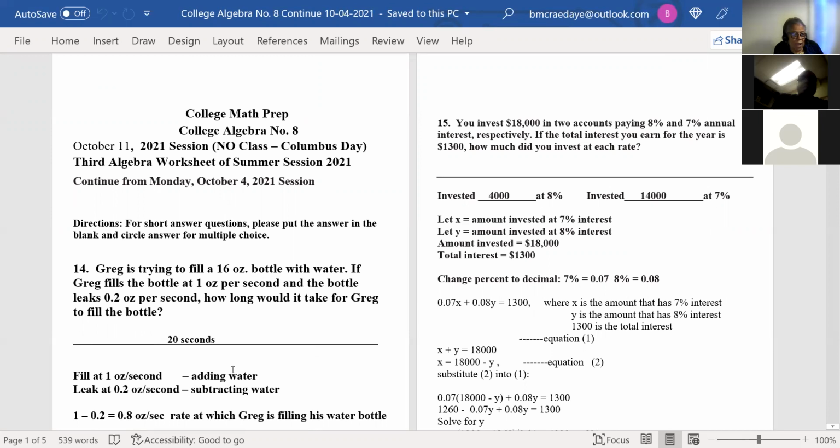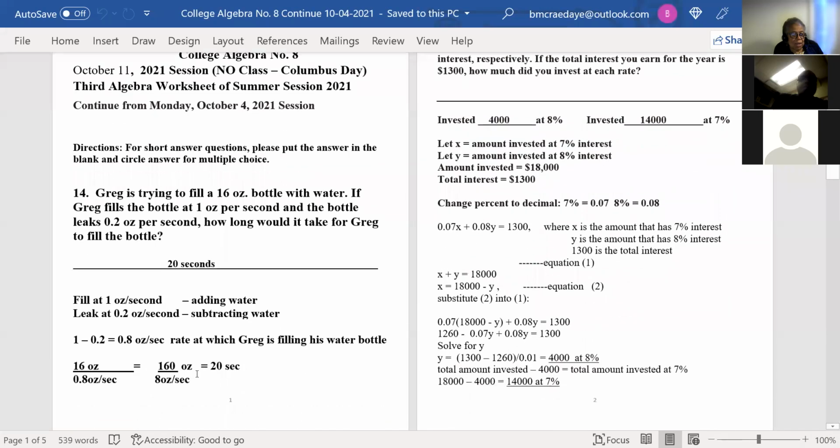So we have to subtract that 0.2 ounce per second from the 1 ounce per second. So we get a net of what? 0.8 ounce per second rate. Is that clear, Latoya? Yeah.